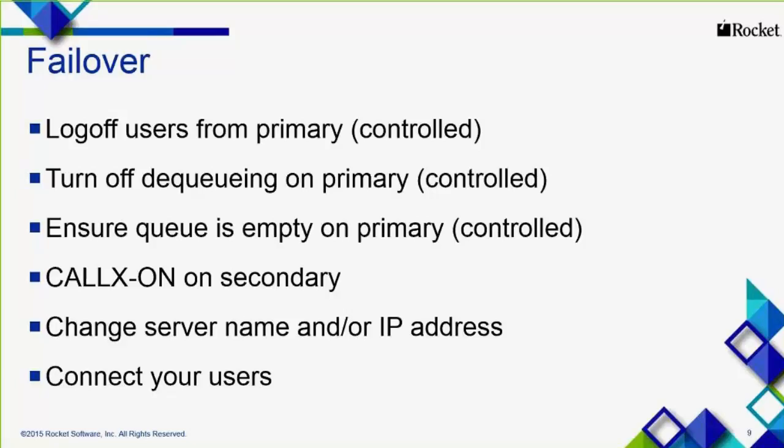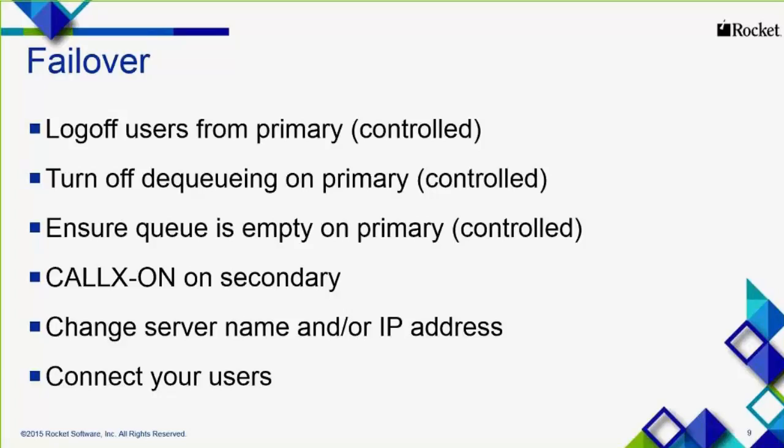So if you were planning to just, for whatever reason, testing the failover procedure, which I would recommend doing from time to time, you would log all the users off the primary system, turn off dequeuing on the primary system so that no further updates get stuck into the queue, and ensure that the queue gets emptied by monitoring the Hot Backup queue with the commands that I noted earlier, and I will show you when we demo Hot Backup.